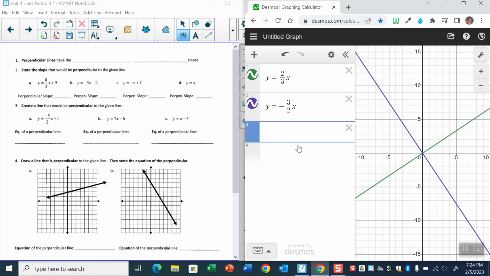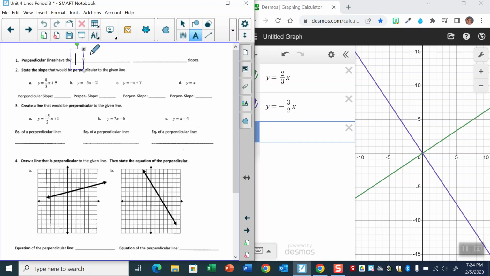So over here, let's write that down. They have to have the opposite, so one positive, one negative, and then the reciprocal.